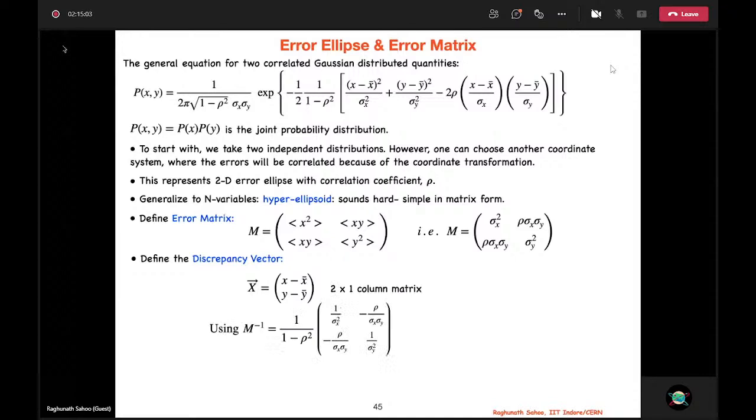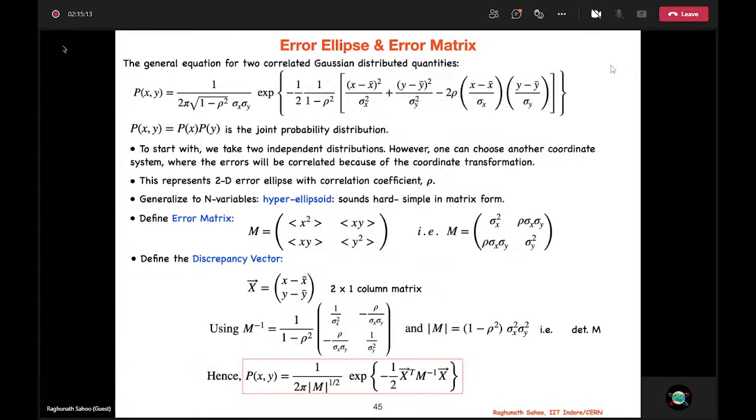Then I calculate M inverse, which I need, and also the M determinant. After these calculations, my Px Py will be modified to this formula, which is in a matrix kind of form. The formula written on the top is equivalent to the formula written at the bottom, but the way of writing is different.